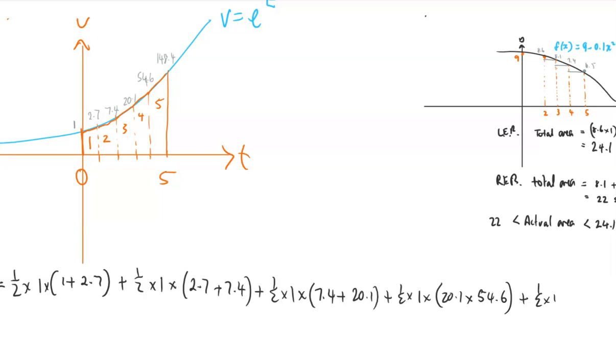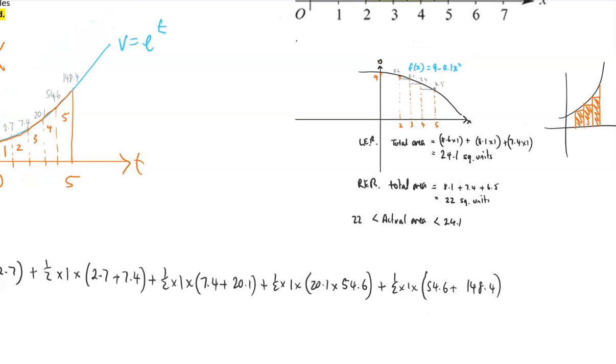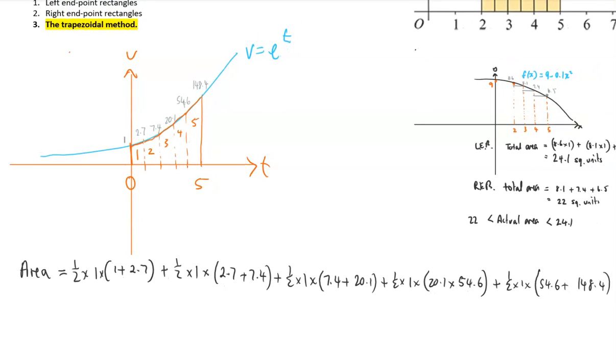Plus half times 1 times 54.6 plus 148.4. Okay, so there we go. So there it all is there.